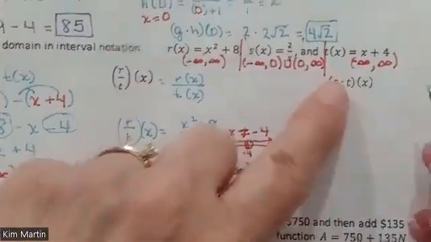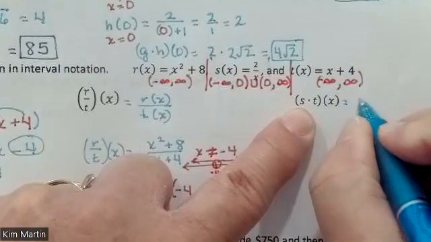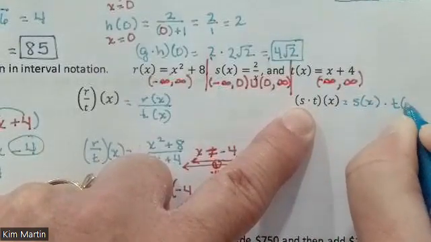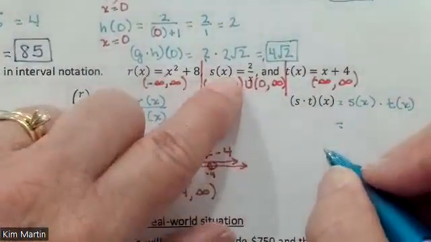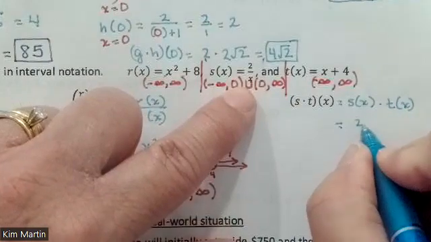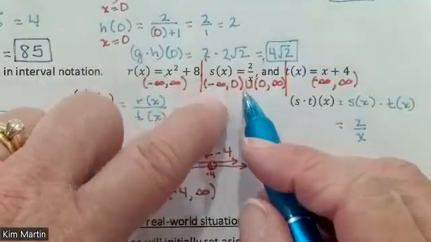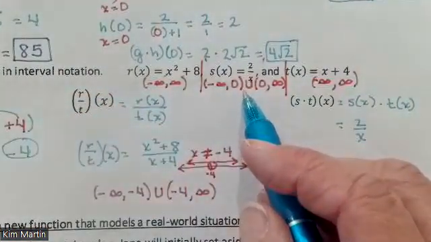Okay, and this last one is multiplication. You are going to take your s of x and you're going to multiply it by your t of x. In this particular case, our s of x is 2 over x. Now, by the way, I don't care what our answer ends up to be.